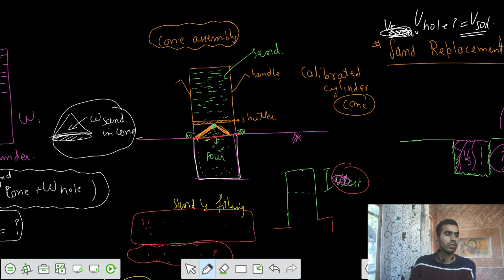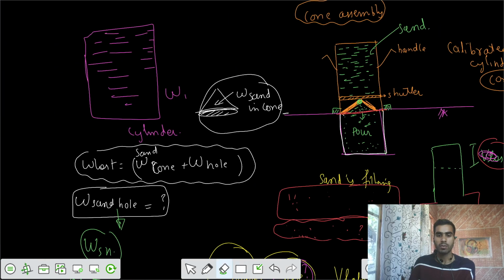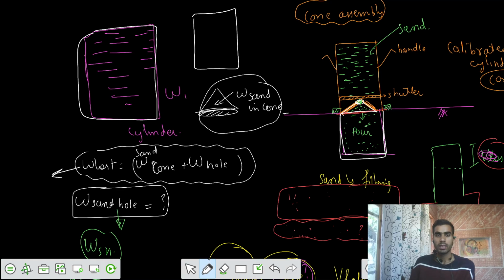For that, we are using the calibrated cylinder. Let's say the weight inside the calibrated cylinder initially was W1. Now, when we fill the cone and hole, the W2 reading of the cylinder is somewhat lower.